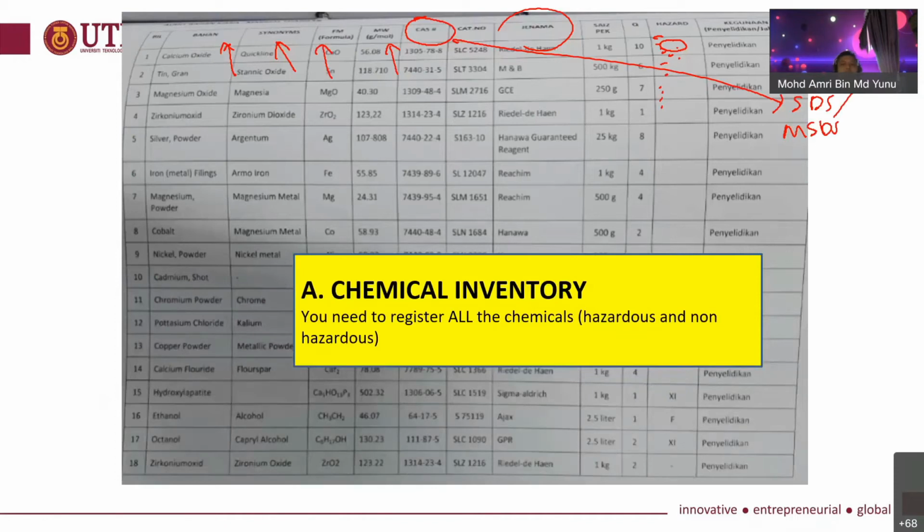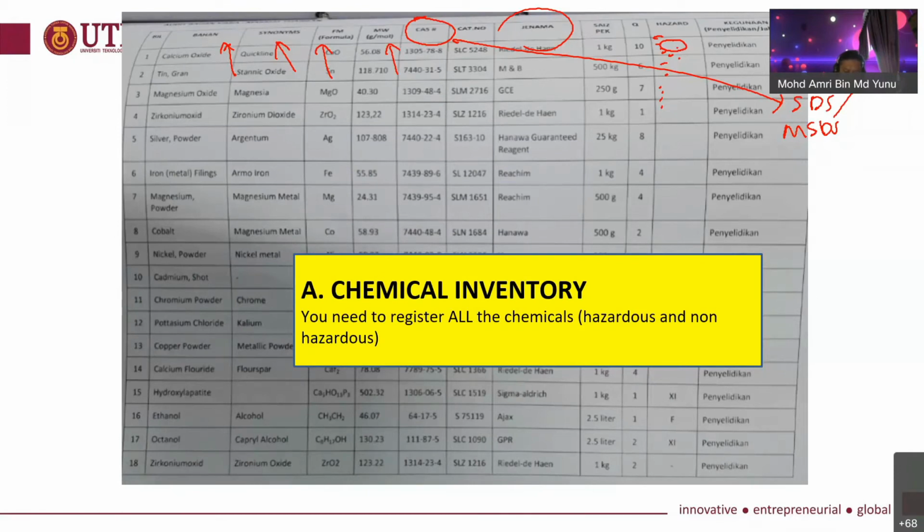This is an example of a chemical inventory. So the list of material, the synonym of the material or other names, and then the formula, the concentration, and then the CAS number is important. The CAS number is the identifier of the chemical.